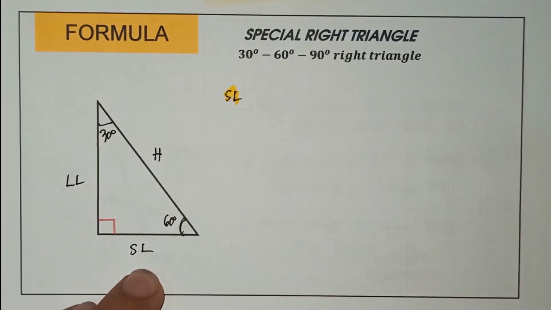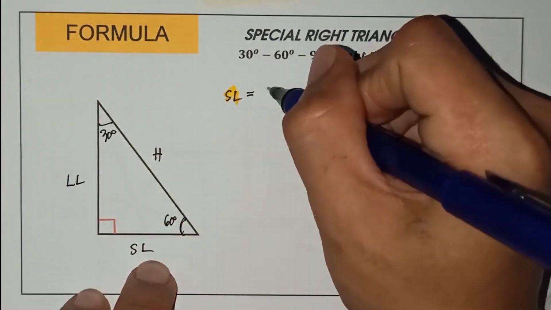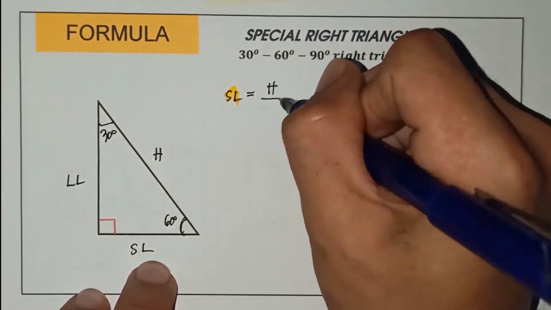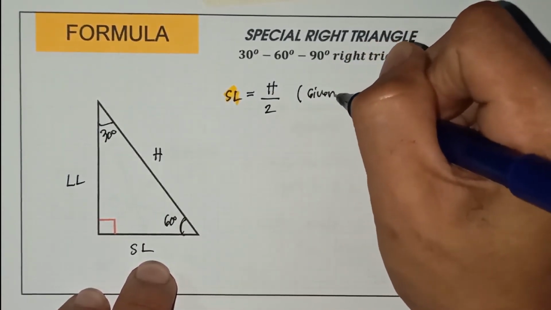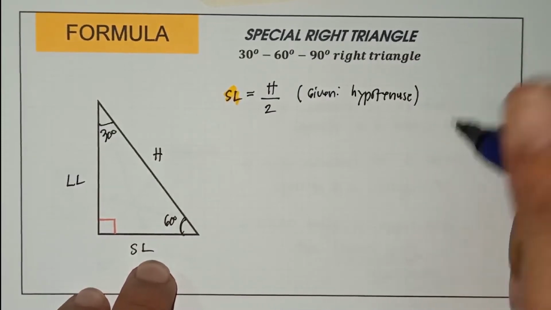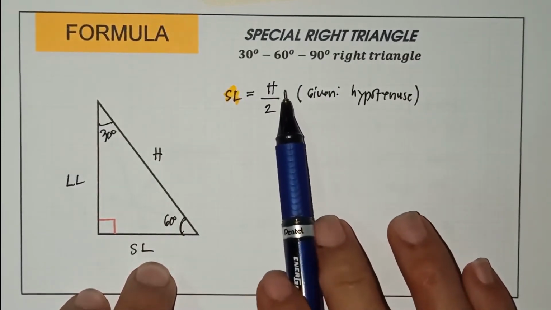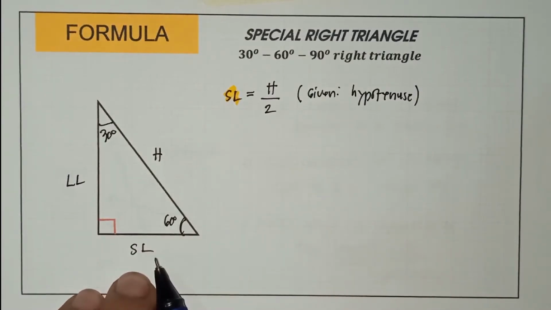Once the hypotenuse is given, divide it by 2, and that is the shorter leg.